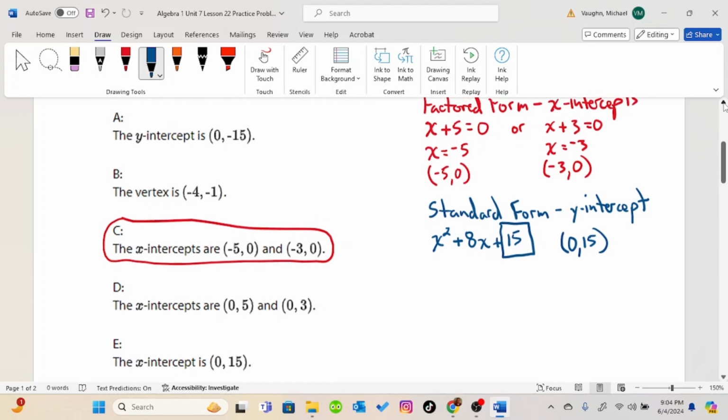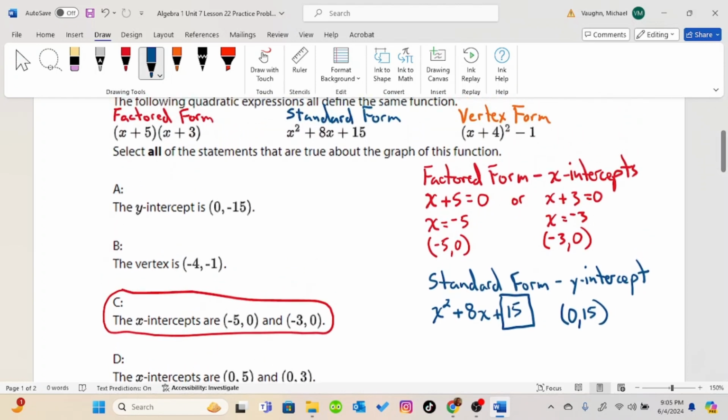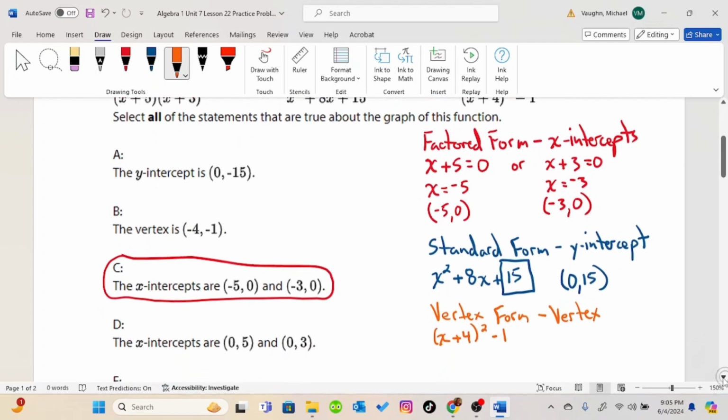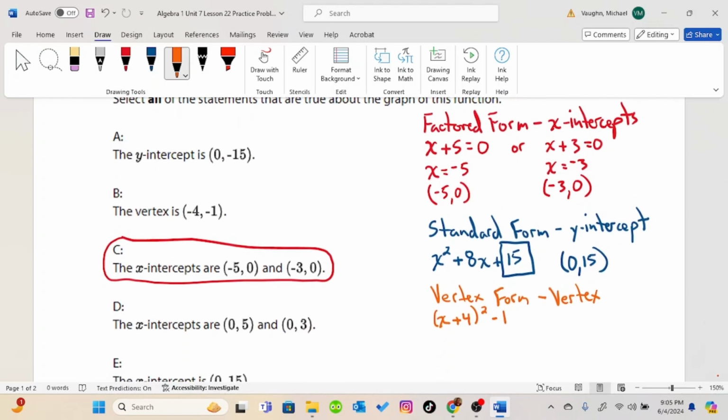And the last version they gave us was the vertex form. And as the name implies, the vertex form gives us the vertex. So if the vertex form is x plus 4 squared minus 1, remember the x-coordinate is the opposite of what is inside parentheses.